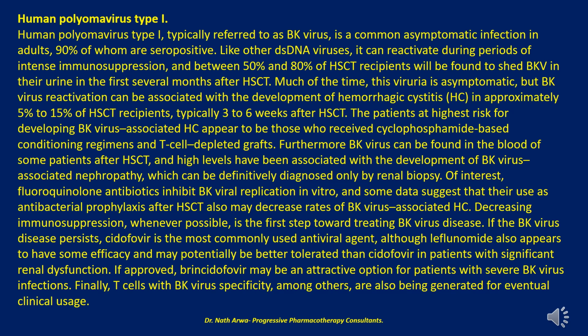The patients at highest risk for developing BK virus-associated hemorrhagic cystitis appear to be those who received cyclophosphamide-based conditioning regimens and T-cell depleted grafts. Furthermore, BK virus can be found in the blood of some patients after hematopoietic stem cell transplantation, and high levels have been associated with the development of BK virus-associated nephropathy, which can be definitively diagnosed only by renal biopsy.